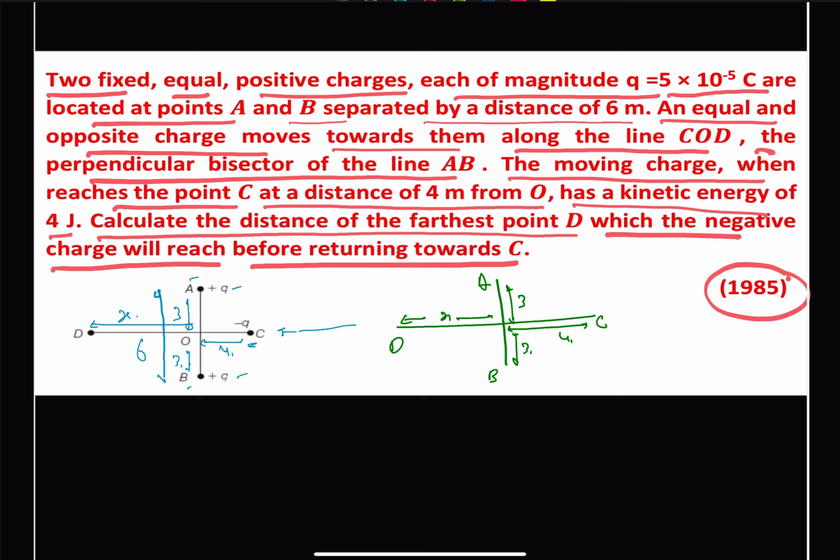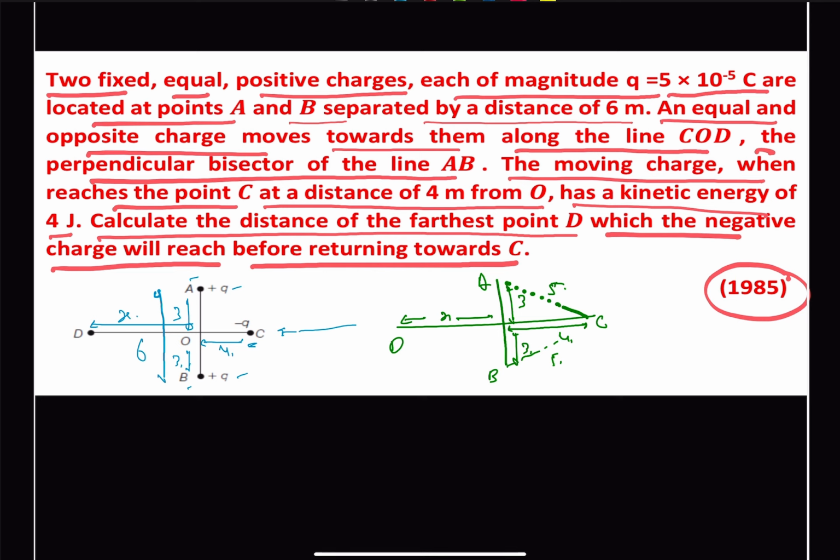And let us join this C. So from here we can find out AC. AC will be equal to the square root of 3 square plus 4 square, we get our AC is equal to 5. Similarly, we can find out that our BC will also be equal to 5.